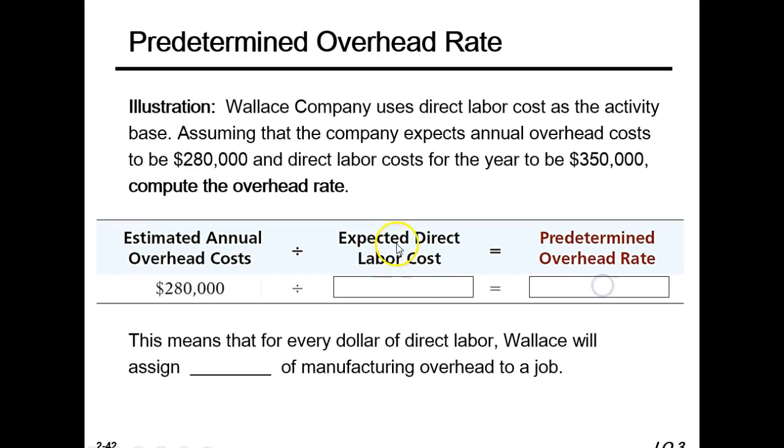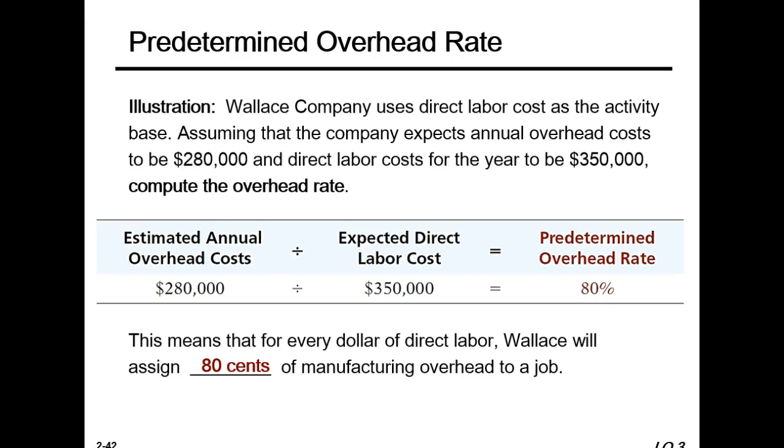We take our $280,000 of estimated overhead costs. We take what we estimate our direct labor costs to be. Then we figure out what the predetermined overhead rate is going to be. So for every dollar we spend in labor, we'll assign 80 cents of manufacturing overhead to that job.